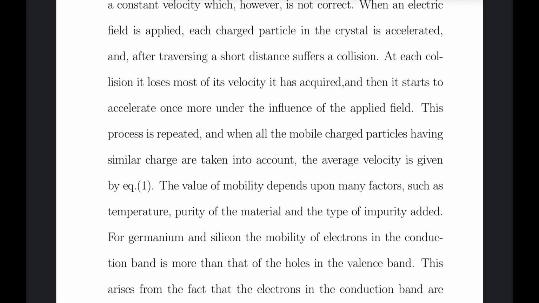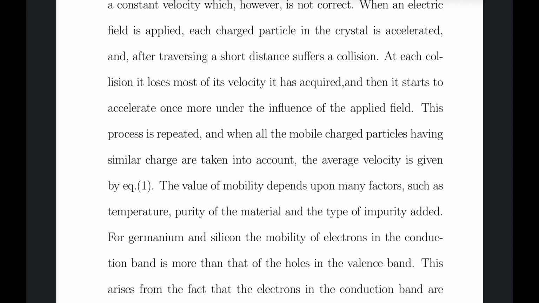The value of mobility depends upon many factors such as temperature, purity of material, and the type of impurity added. For germanium and silicon, the mobility of electrons in the conduction band is more than that of holes in the valence band. We have seen that the electrons move in the conduction band and holes move in the valence band. तो दोनों की मोबिलिटी में अंतर है even though the applied field is the same.